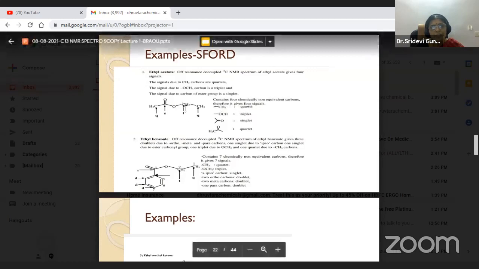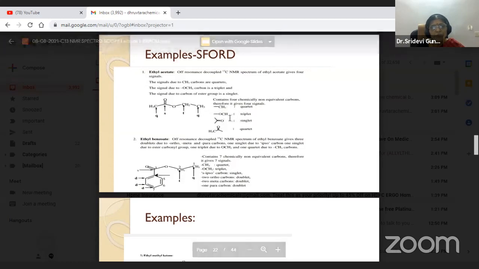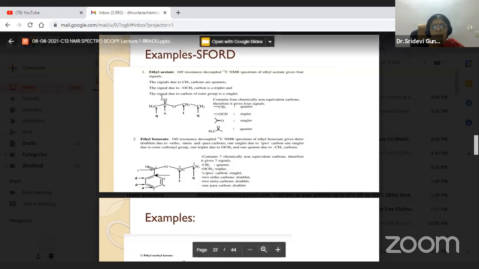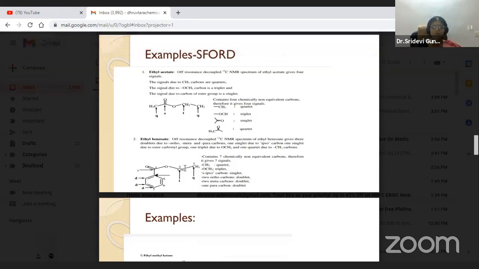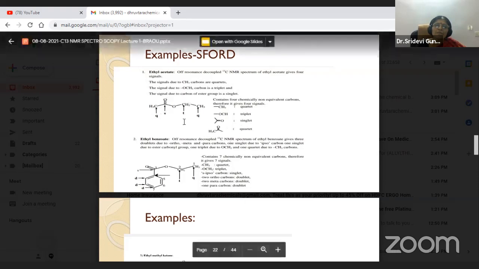The OCH2 carbon gives a triplet. And the carbonyl carbon, though it is not attached to any proton, gives a singlet in the carbon spectrum.